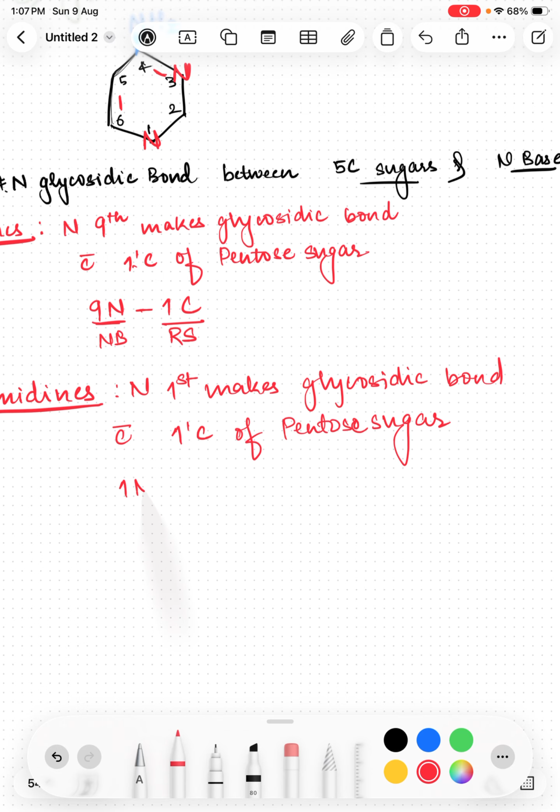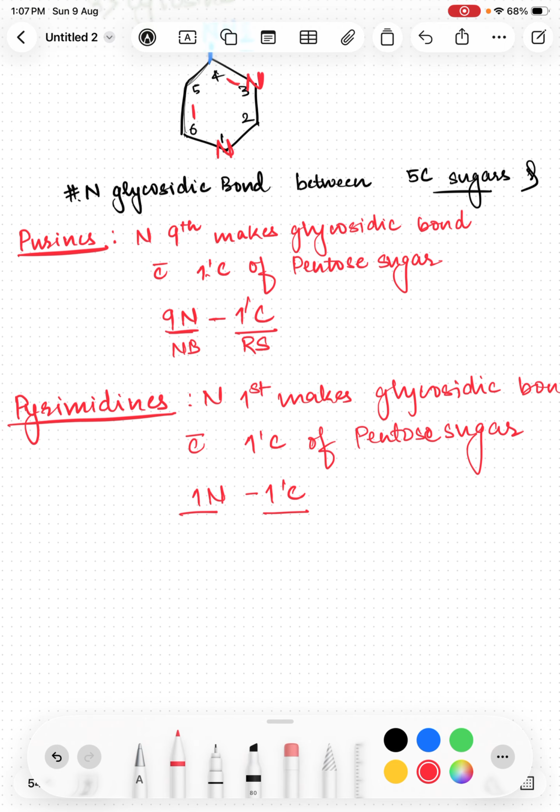So it is 1-1. While in case of purine it is 9-1.